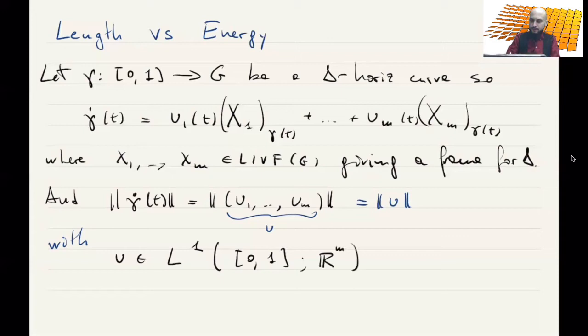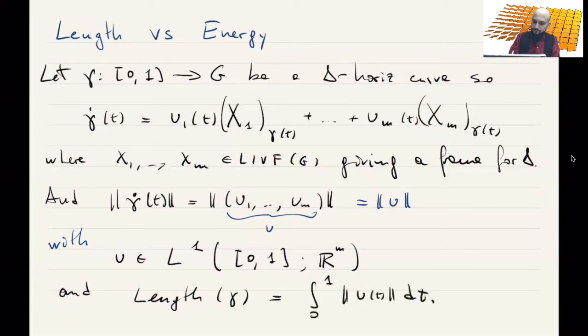And what is the length? The length of gamma is just the integral between 0 and 1 of the norm of u(t) dt. Remember that curves can be reparametrized and the length stays the same.